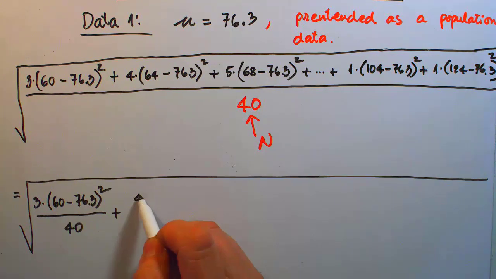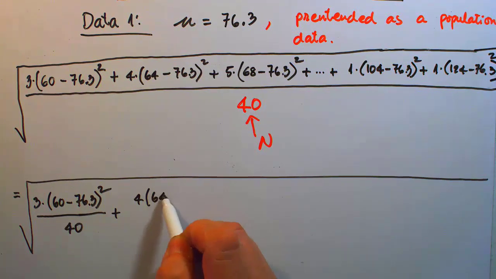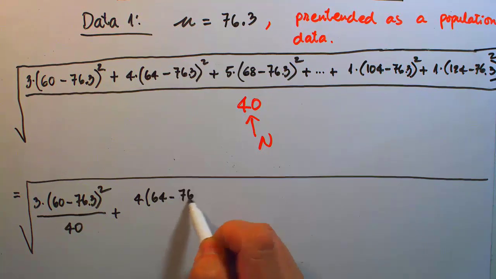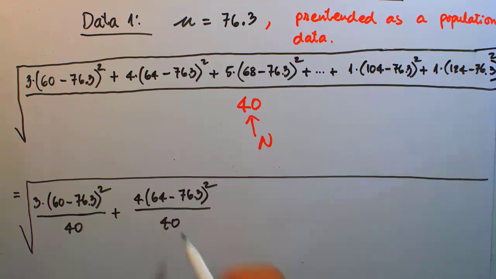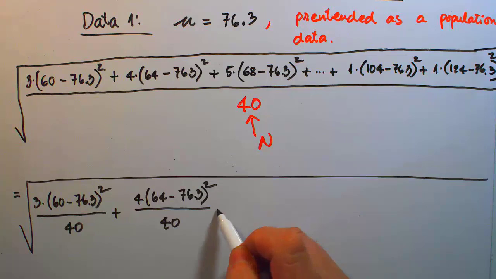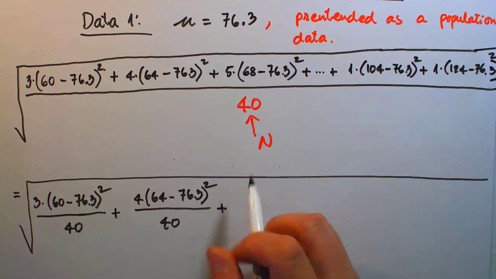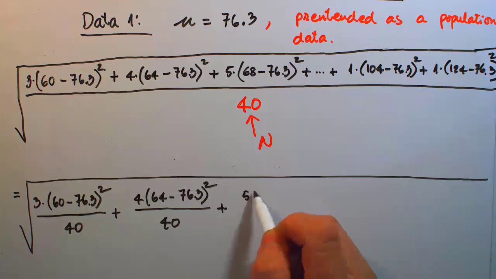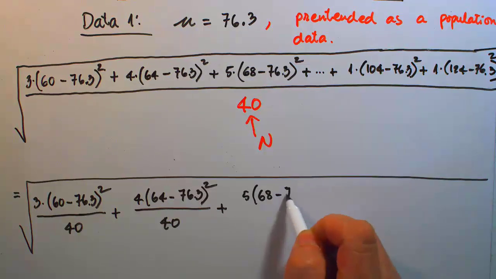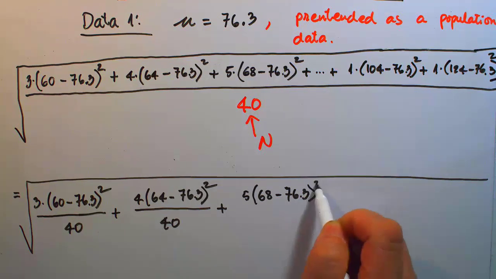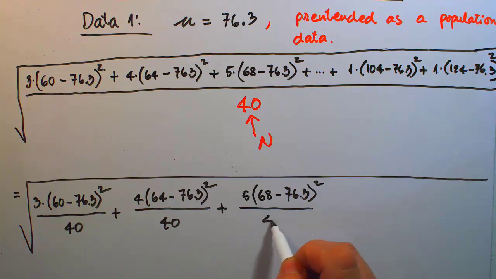It becomes 4 times (64 minus 76.3) squared over 40. And I'm going to continue into my third term, being 5 times (68 minus 76.3) squared divided by 40.